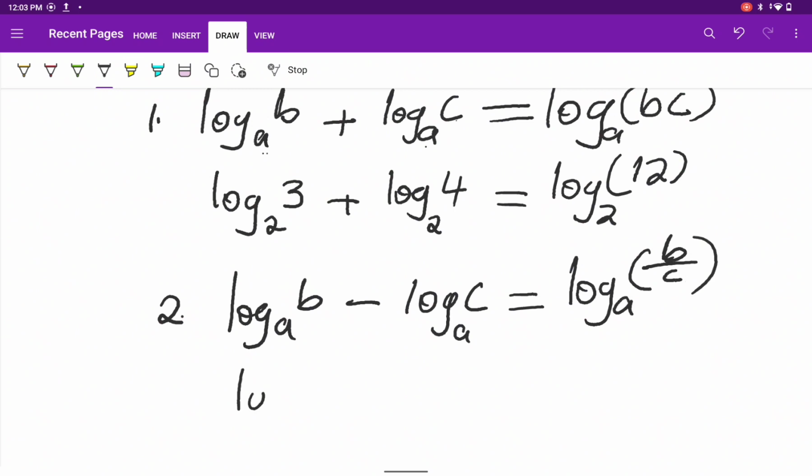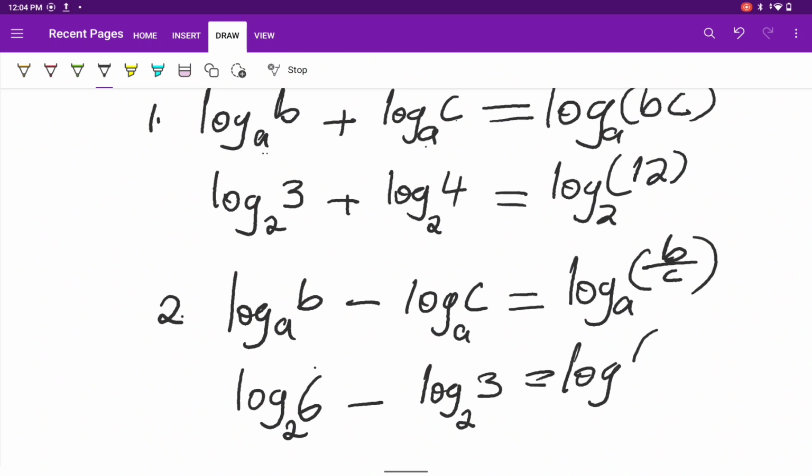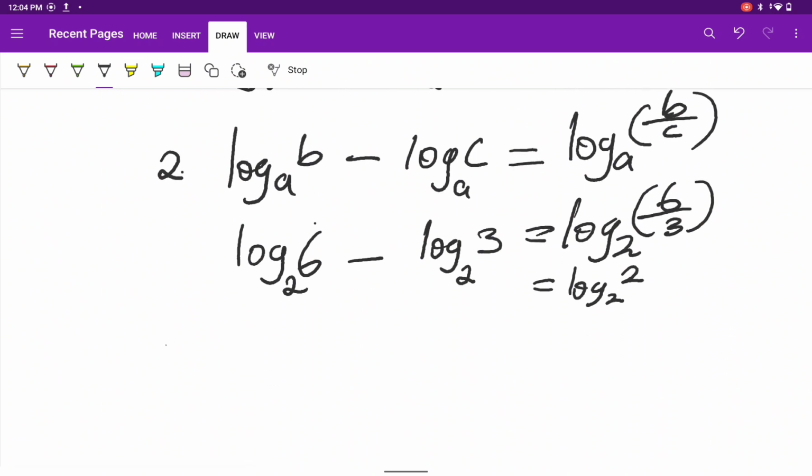For example, if we have log of 6, let's say base 2, minus log of 3 base 2, this will be the same as log of 6 divided by 3 and then base 2, which will actually be, if simplified, log of 2 base 2. Right, that is for subtraction.